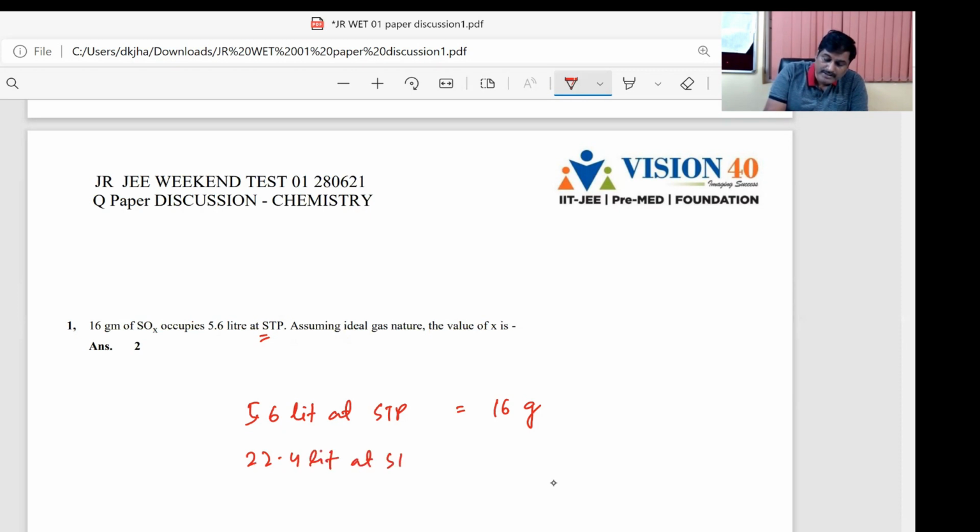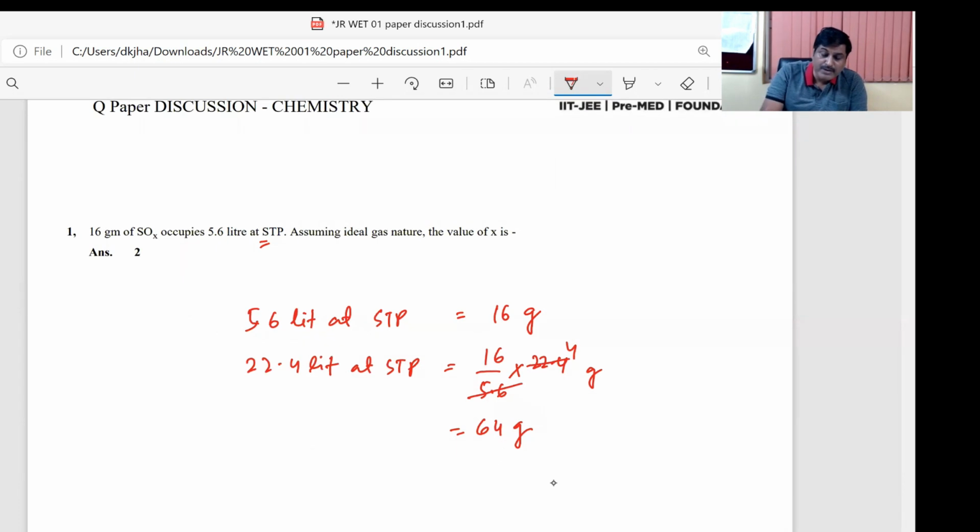So 22.4 liter at STP, what will we get here? 16 divided by 5.6 into 22.4 gram, and that's why we are getting 64 gram. 64 gram is the molar weight, because that corresponds to the molar volume. So molecular mass is equal to 64 gram.